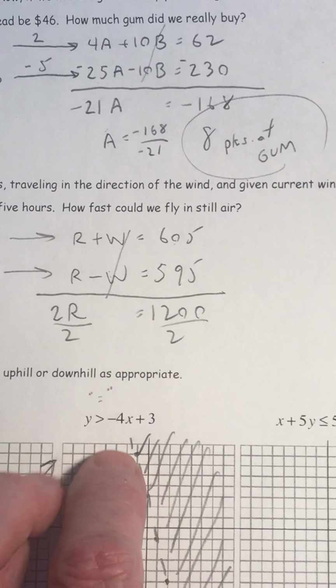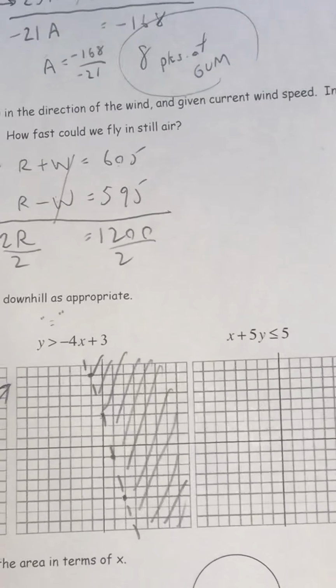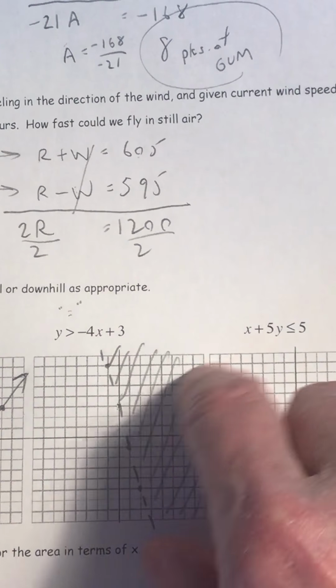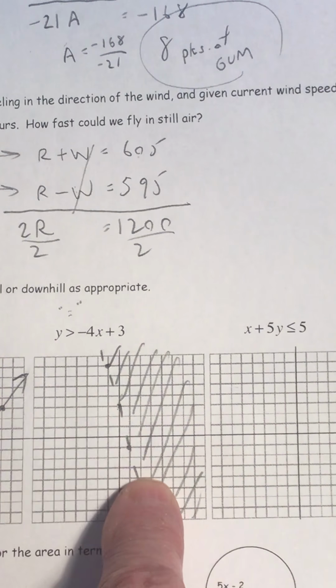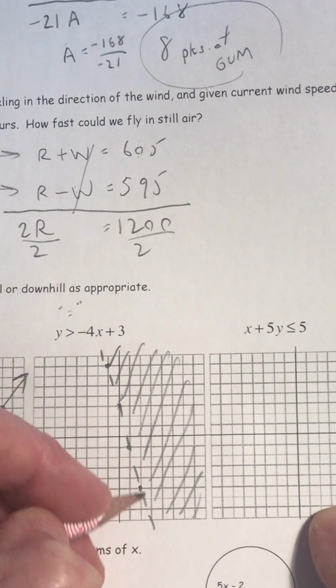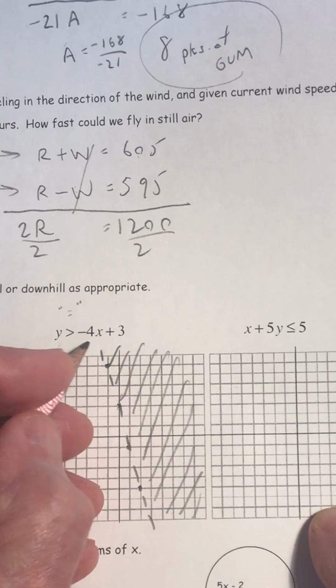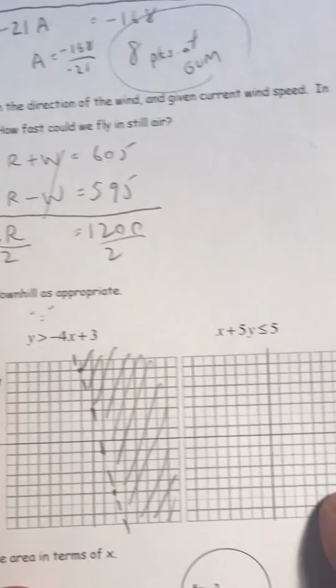The y value would be more than negative 4 times the x value plus 3. Complicated to say, but there's an infinity of points for which this is true. The dotted line signifies that the points that are right on that line don't work. That would make the y equal to this, and we don't want that. We want at least a little bit larger than.